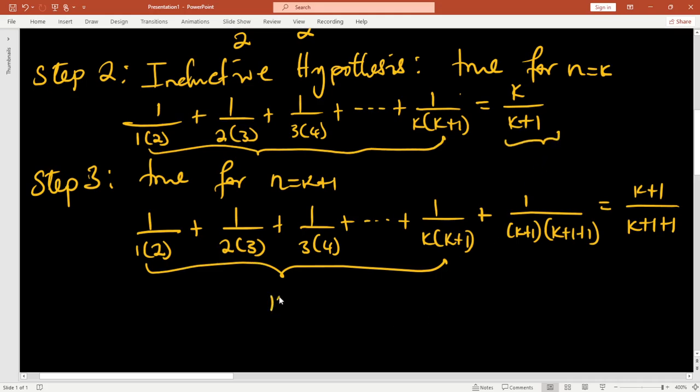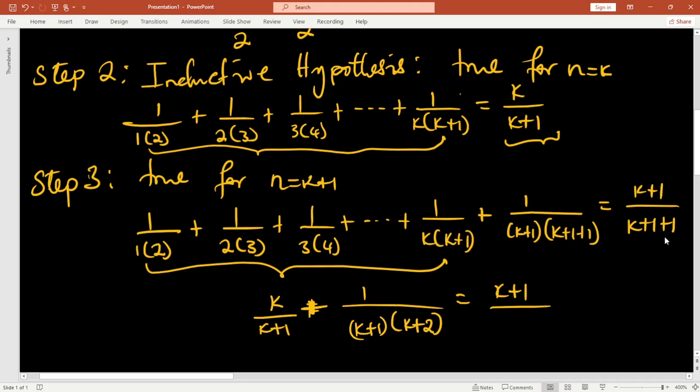So we have k divided by k plus 1, and we add the k plus 1 term, so plus 1 over k plus 1 divided by, 1 plus 1 you get 2, k plus 2, equal to k plus 1 divided by k plus 2.